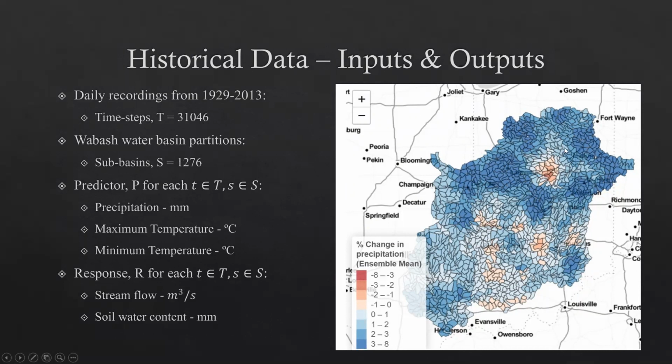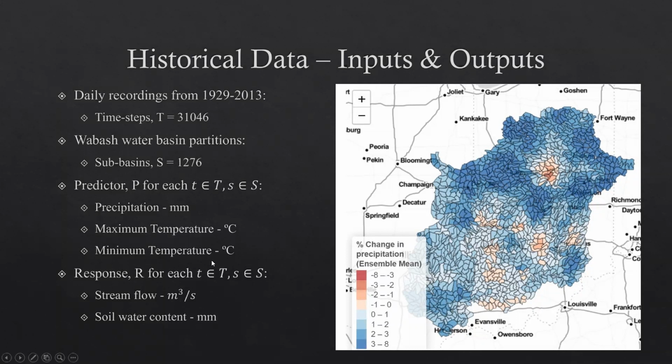Each of these polygons in the image you're seeing is one of the 1,276 sub-basins. So for this problem, for all these time steps and for each of the sub-basins on one of those time steps, we have the precipitation, the maximum and minimum temperatures.